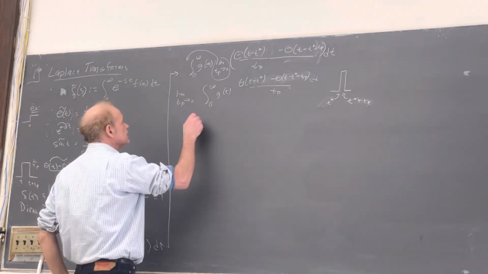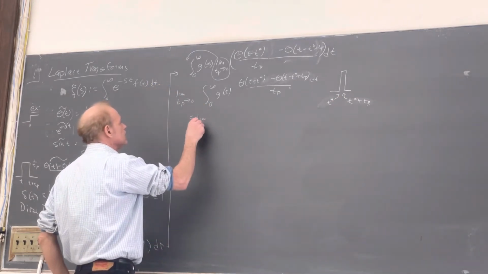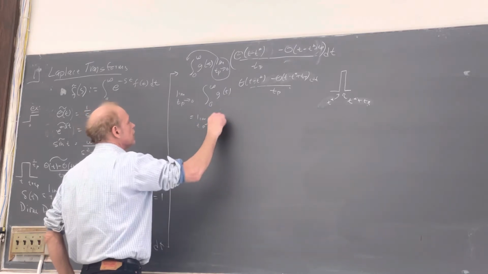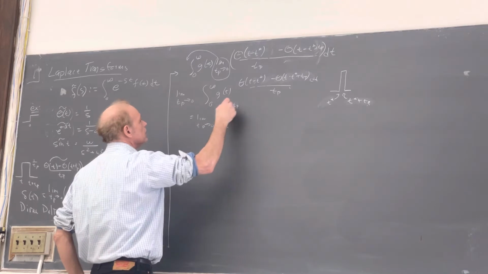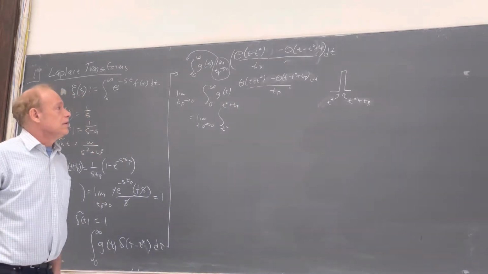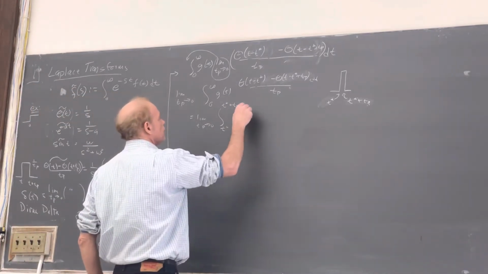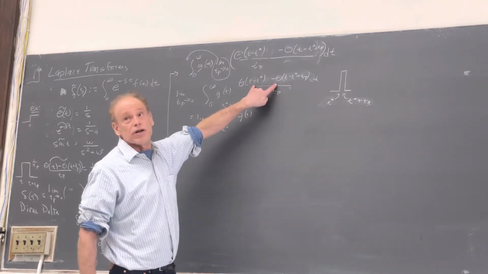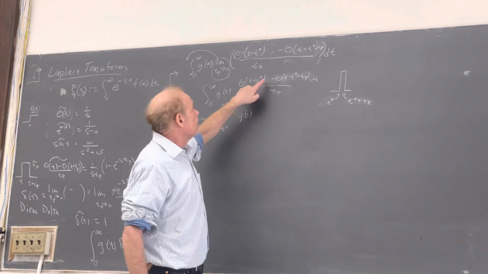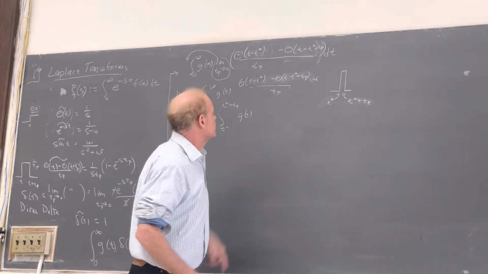Tp. So this is the same thing as the limit as Tp goes to 0 of the integral from t star to t star plus Tp of g of t. And in this region, this function is just 1 over Tp.